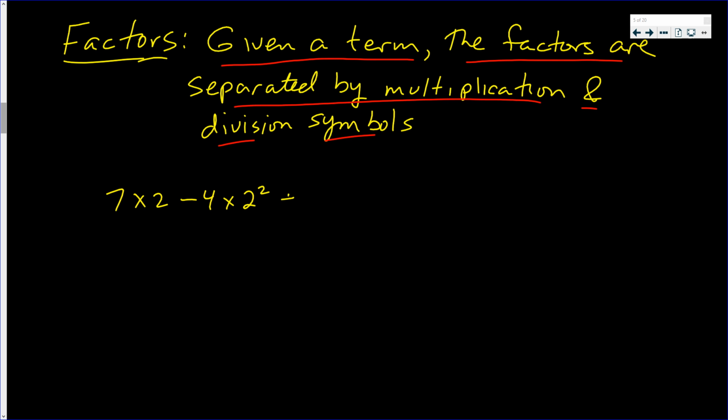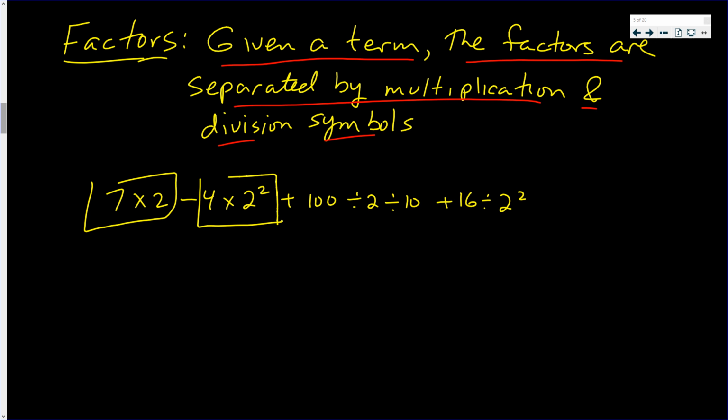But let's talk about it in greater detail right now. Okay, so the first step is always to identify the terms. Because how can you add and subtract if you don't know what you're adding and subtracting?